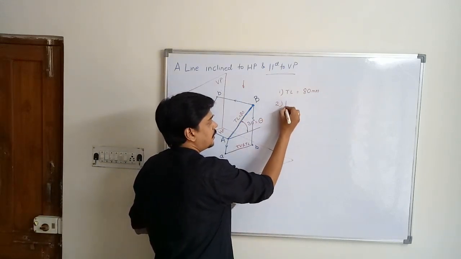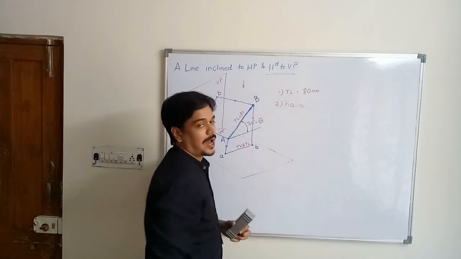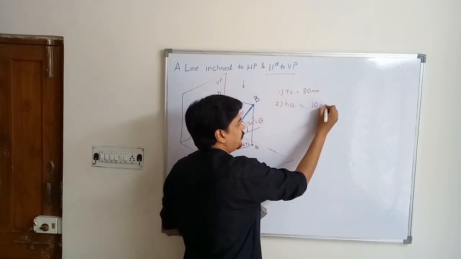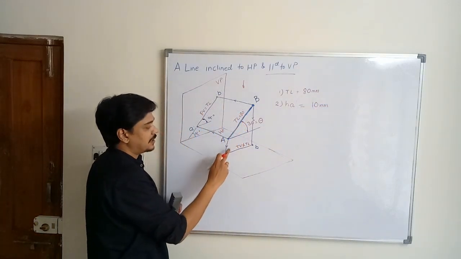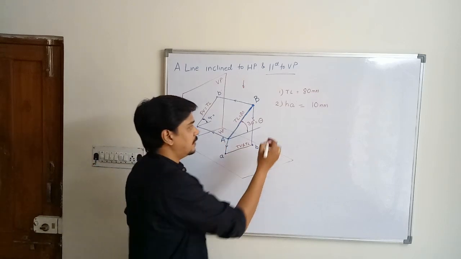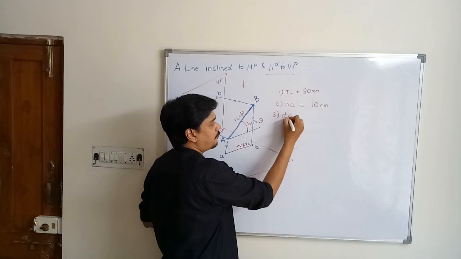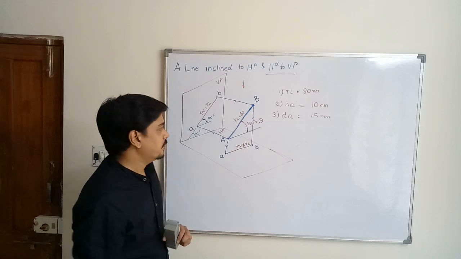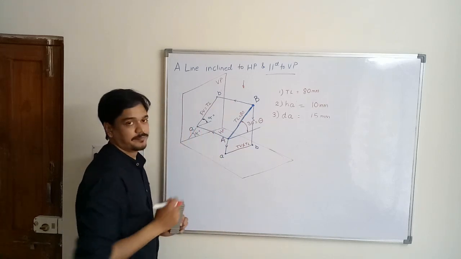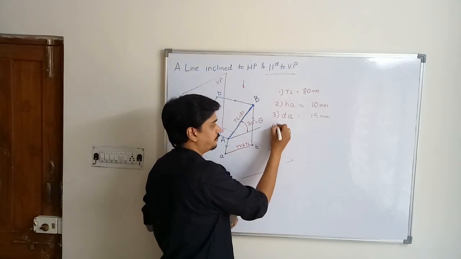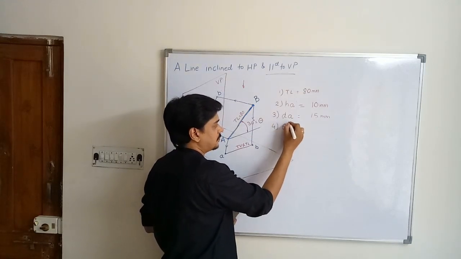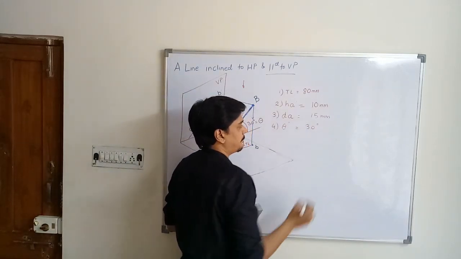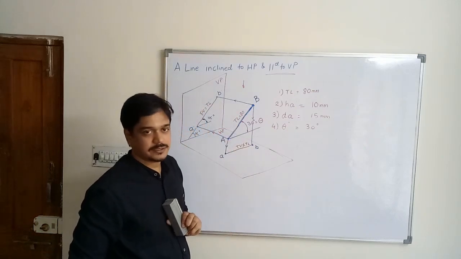Then let us assume height of A dash as say 10 mm, that is, this point A is 10 mm above horizontal plane. Let us assume depth of point A as 15 mm, so this distance is 15 mm. Let us assume theta as 30 degree.